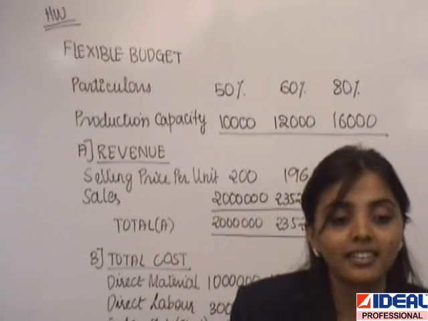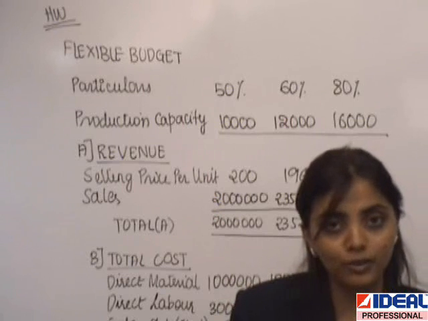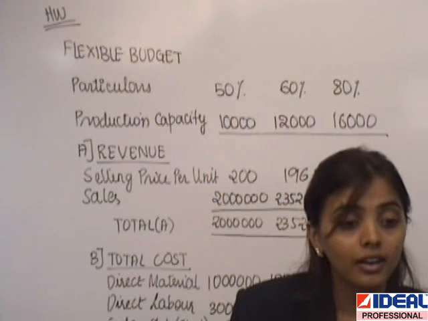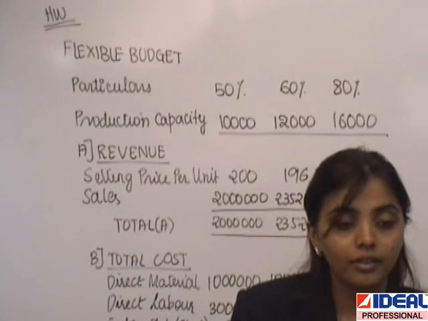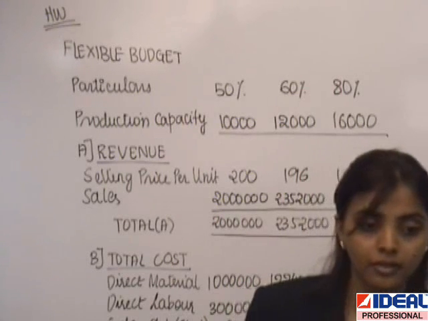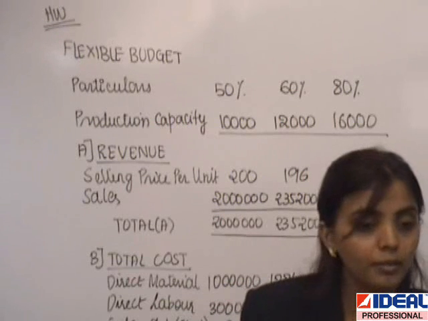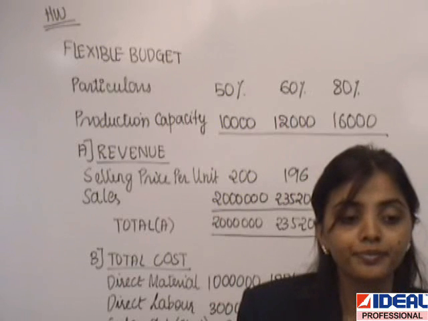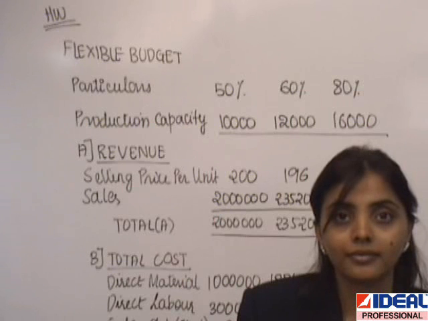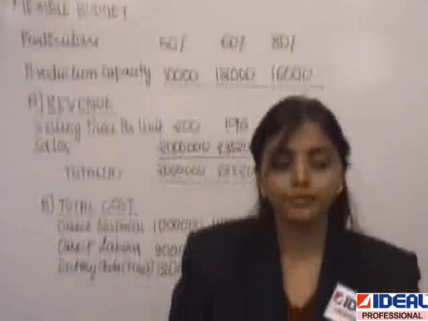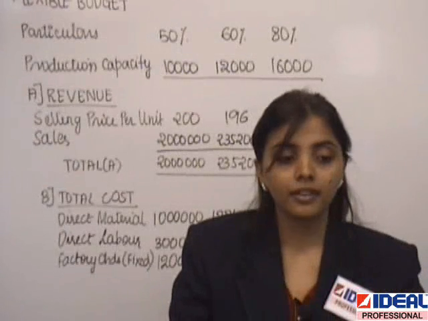Yes. It is 1,20,000. You are absolutely correct, students. Okay, 12 into 12,000, 1,44,000 will it be? Yes, tell me what is the answer? 1,44,000? 1,20,000.